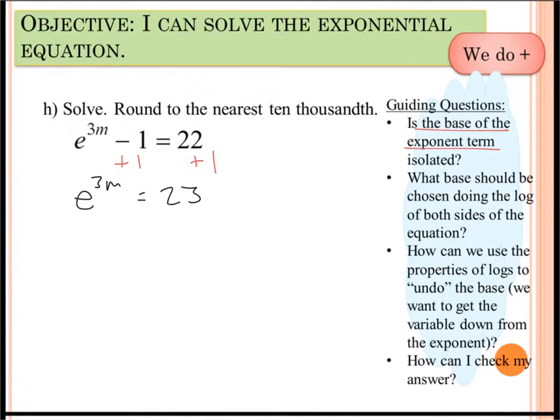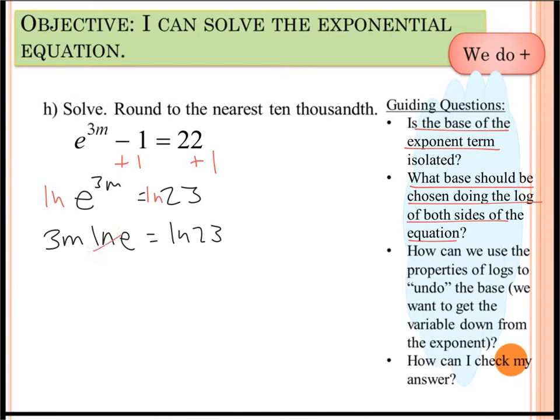Now we want to select a base for our log, and our base here is e, so we're going to do the natural log, which we can write as ln instead of log base e. So doing the natural log on both sides of the equation, and I'm going to rewrite the power in front also, and that's equal to ln of 23.